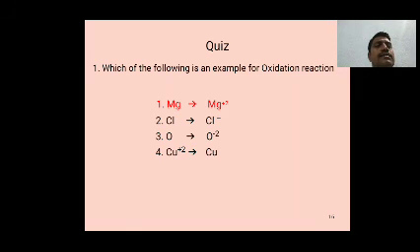This reaction is called an oxidation reaction. Oxidation reaction takes place: Mg gives Mg plus 2 plus 2 electrons.